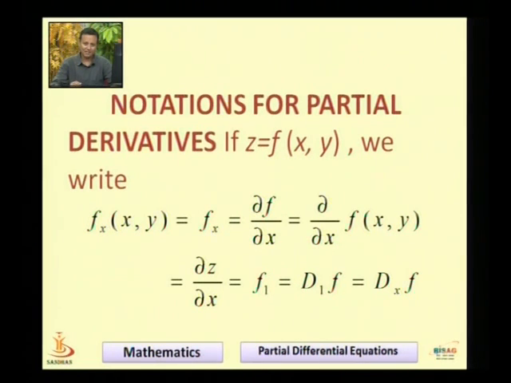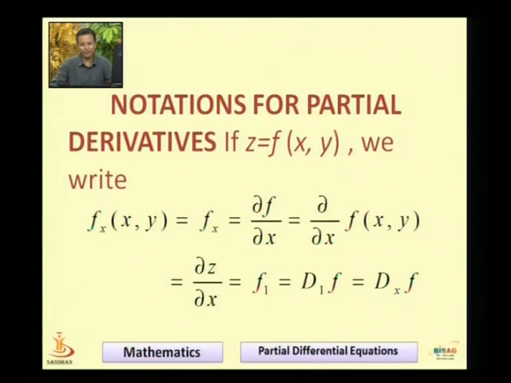Here there is a slight change in the notation because a partial derivative, del f by del x, is used. Del by del x means the operator, when we operate del by del x on some function of x or more than one variable containing one of the variables as x, then del by del x means partial derivative with respect to x, like d by dx represents ordinary derivative with respect to x.